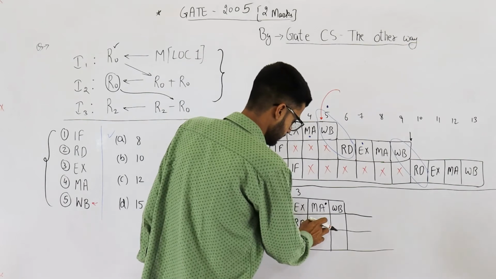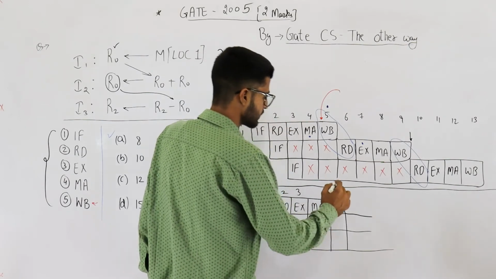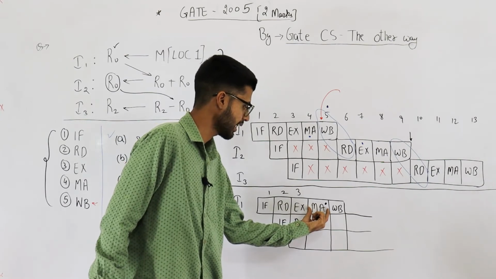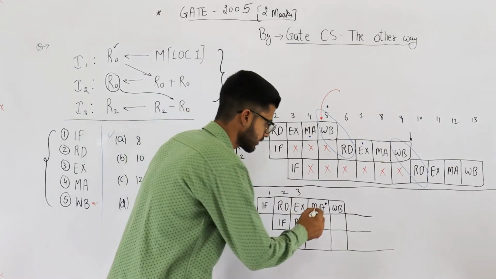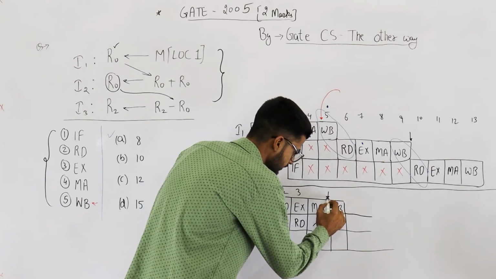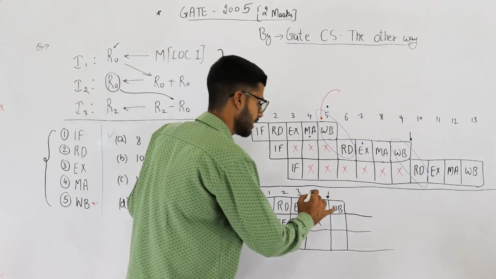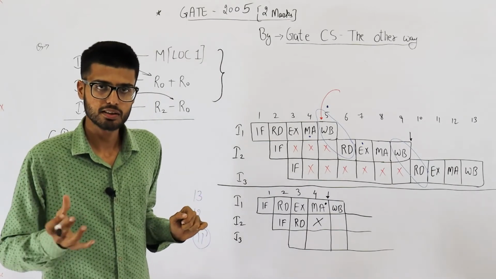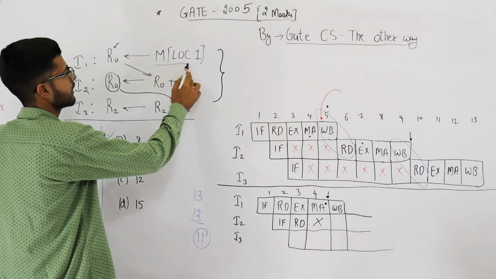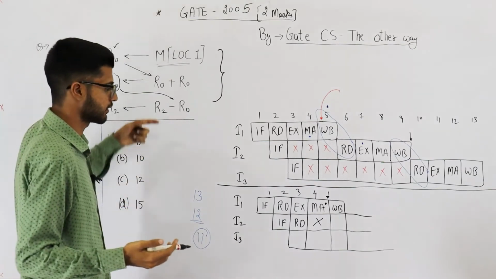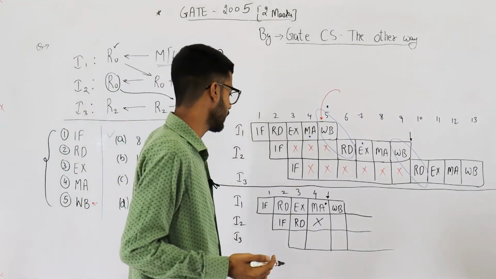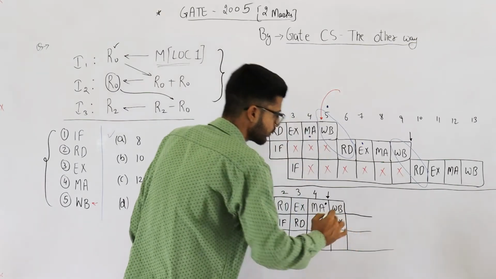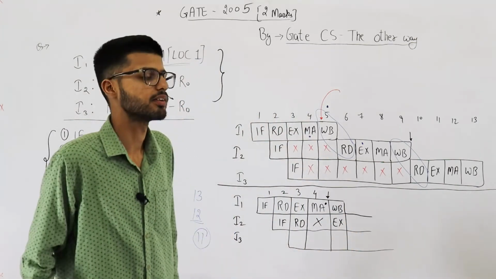What happens next is we'll have to stall one cycle, because the memory access phase will take this much time. Only at this instant, after completing the 4th clock cycle completely, will it get the value that is to be written into R0. Now we'll just begin the execute stage.